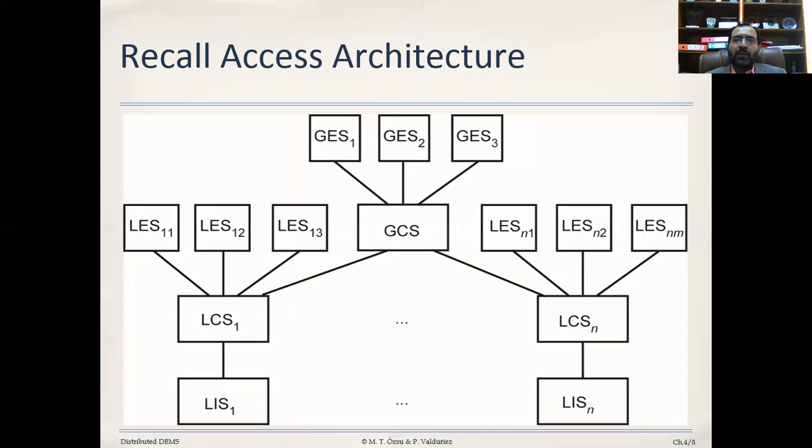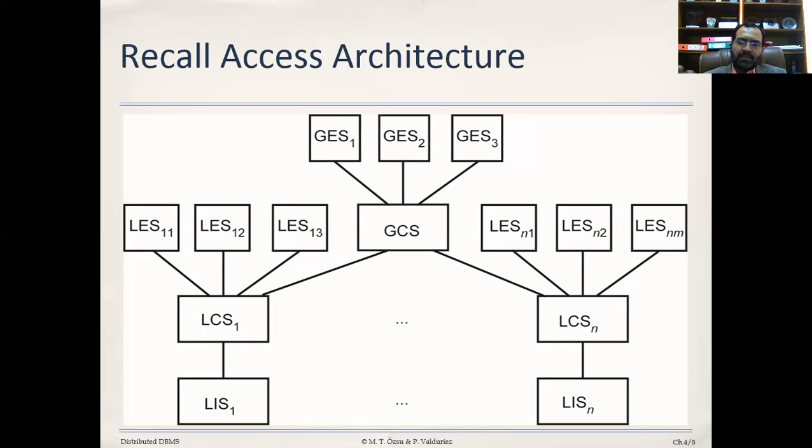Rather it's a virtual entity, developed from the definition of the LCS. And every GCS has its own generalized external schema as well. So you might have a generalized definition of the external schema. Normally you call it the global external schema.